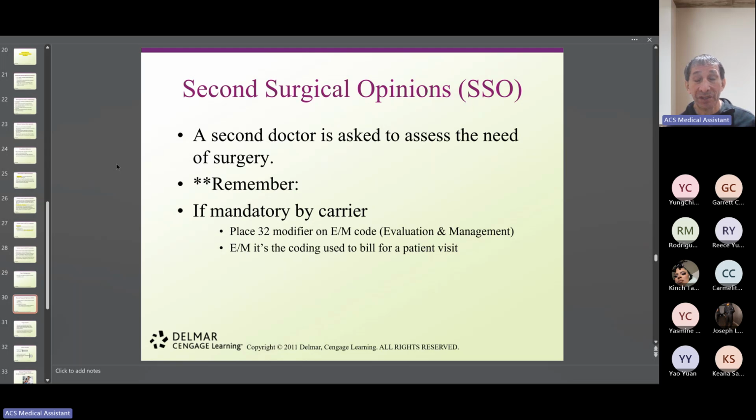Remember, services is a totally different thing. So we don't call it services in this case, we call it evaluation and management. Now, the procedures, that will be the CPT. And when I give you the diagnosis, I'm going to be using the ICD-CM.